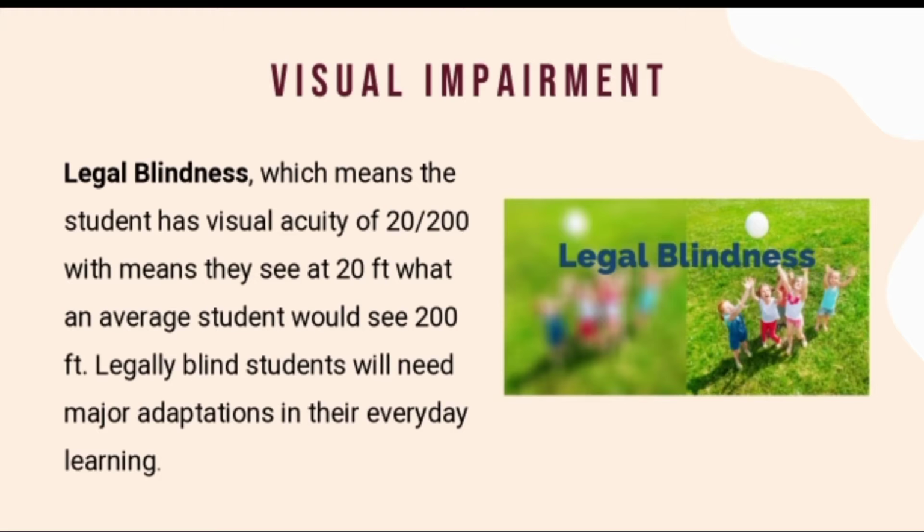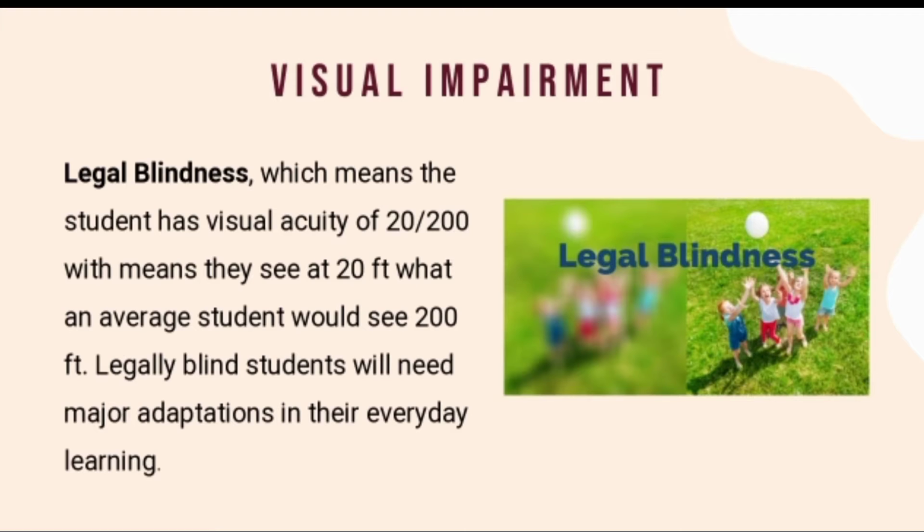Legal blindness occurs when a person has central visual acuity, vision that allows a person to see straight ahead of them, of 20/200 or less in his or her better eye with correction. With 20/200 visual acuity, a person can see at 20 feet what a person with 20/20 vision sees at 200 feet.